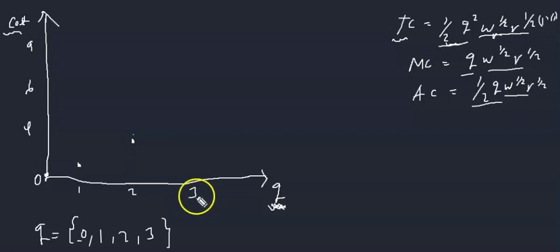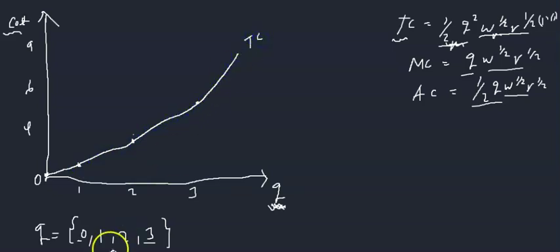I'll keep on reminding you of that. Then if we put a 3, it will be 9, 9 divided by 2 will be 4.5, and 4.5 is somewhere right here. So all we need is just to join these points like so. We're just sketching and it's not too perfect, but this is the TC.